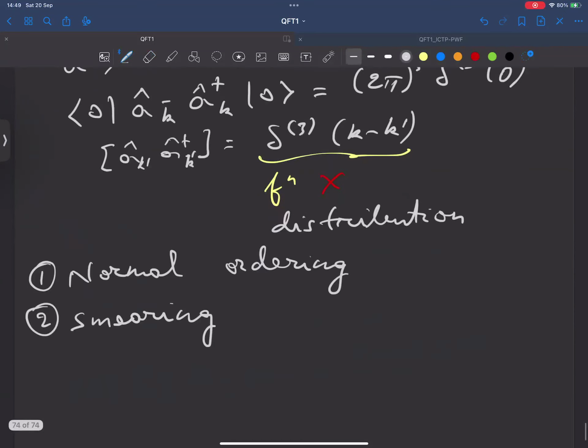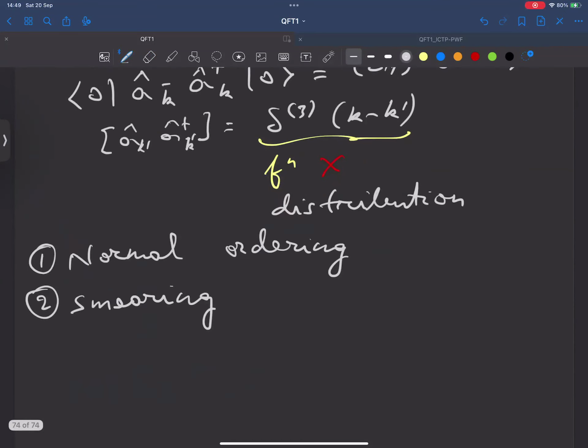To understand smearing, you can do a couple of exercises first. And again, these are very trivial once you write every operator in terms of the ladder operators. So if you again take the scalar field case and you just evaluate this, you will see that this is 0.